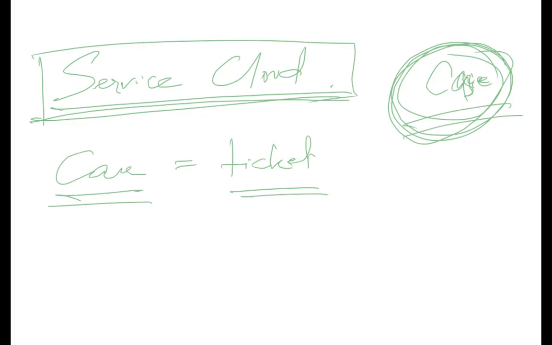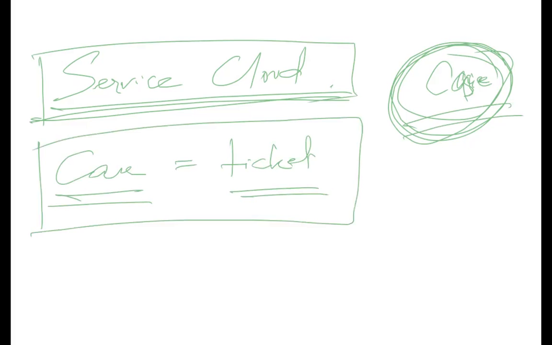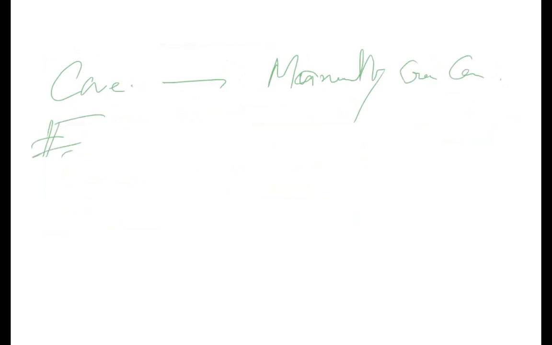So let's see this, and what are the channels possible? In Salesforce, you can go to case and manually create a case. This case number you can supply to your customer, and you say this is a ticket number. So manual case creation is possible. Second, Salesforce automatically provides email to case service.